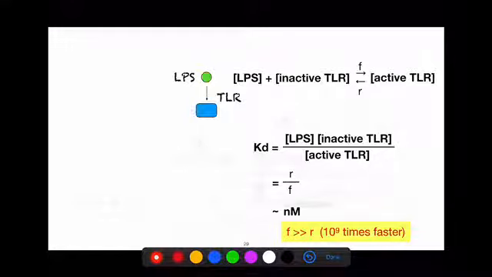First thing we can remember is that the forward rate is much faster than the reverse rate. In fact, it roughly means that the forward rate is faster by 10 to the power of 9 times.